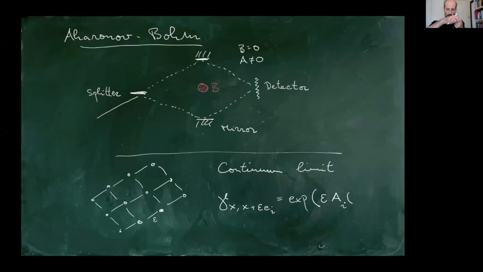Since it lives on an edge in the graph, because it tells you what happens when you move from the point x to the point x plus epsilon ei, the natural space point to associate to this piece of data is the one that's halfway along the edge, right? So halfway along the edge, I would be at x plus epsilon over 2 ei.